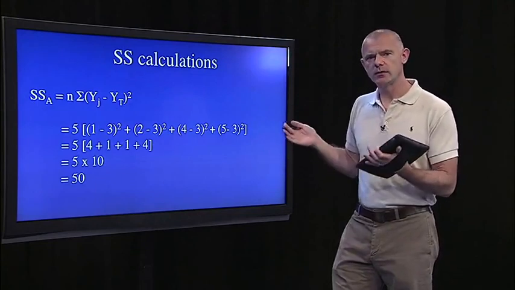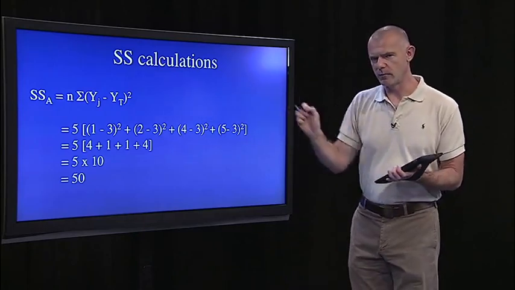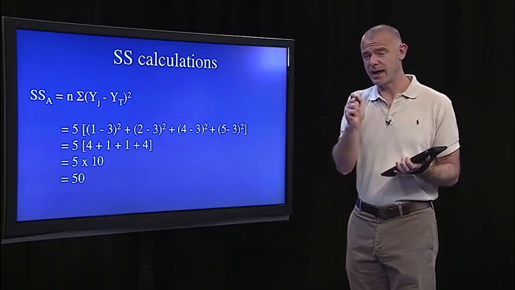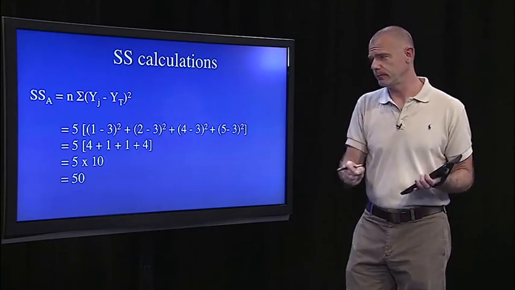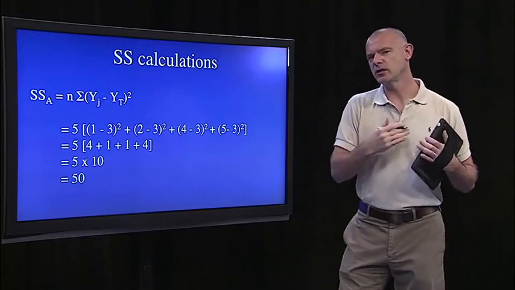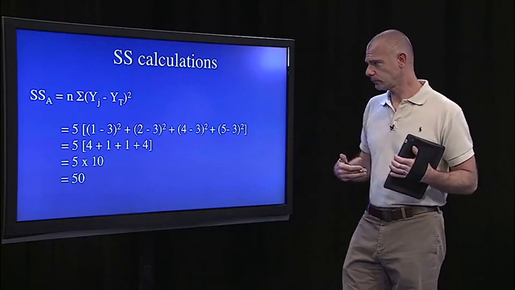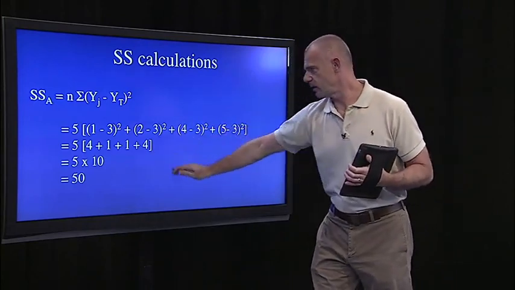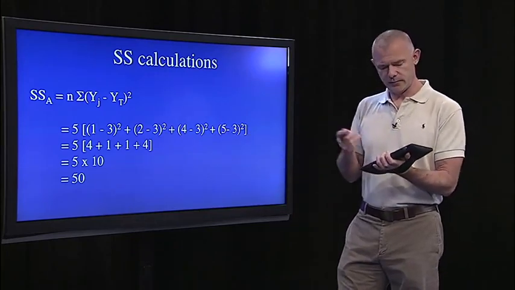I square all those, I sum them, that's my sums of squares. And remember, I have to pre-multiply by little n, where little n is the number of subjects within a group, because each subject is contributing a deviation score. So the sum in here is 10, pre-multiply that by 5, I get 50.